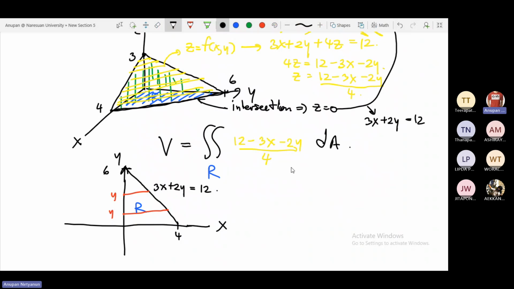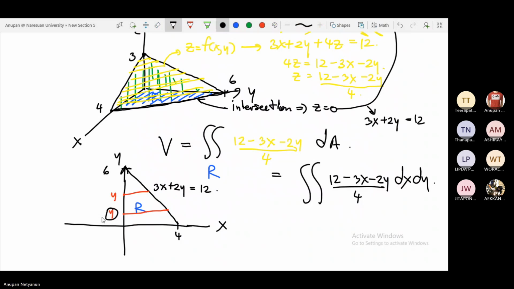So I'm going to change this to 12 minus 3x minus 2y over 4. And I do integration with respect to x first, followed by y. And I need to find the running number, right? For x, integration with respect to x first, I look at fixed y.